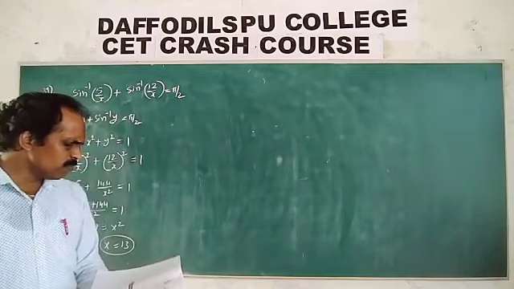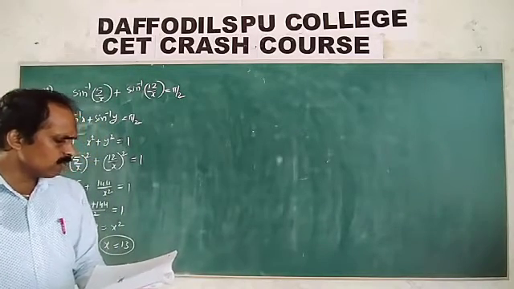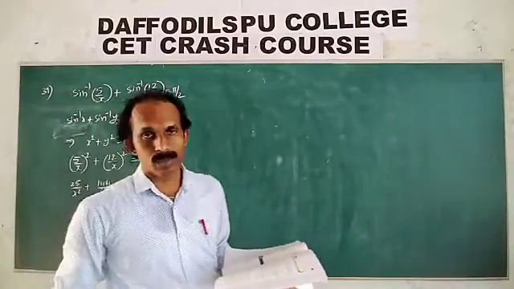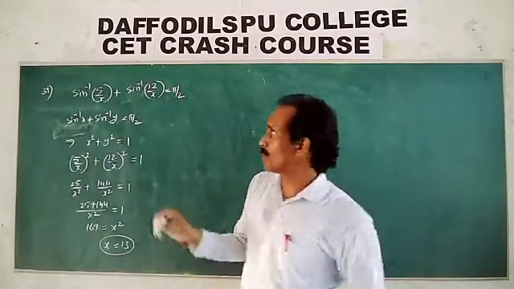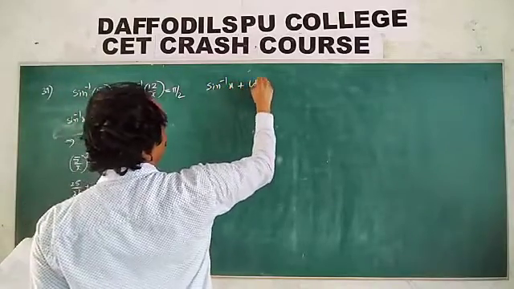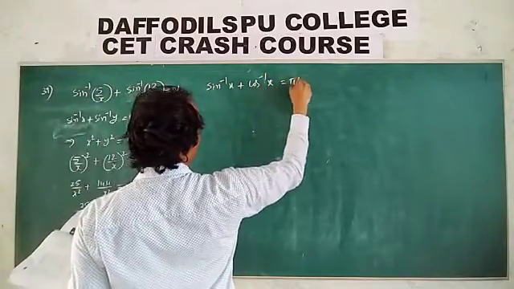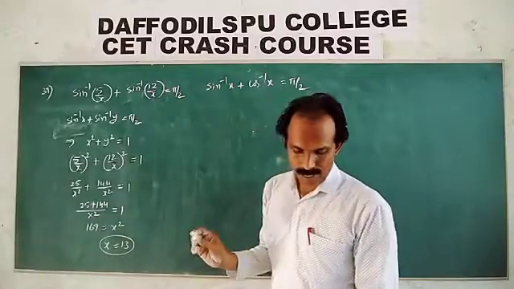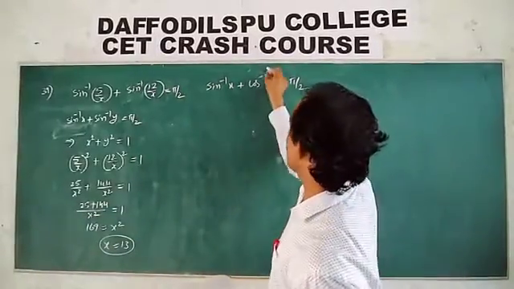Or else, one more method you can try: sin inverse x plus cos inverse x is equal to pi by 2. Clear? But in place of cos inverse x, what is there?